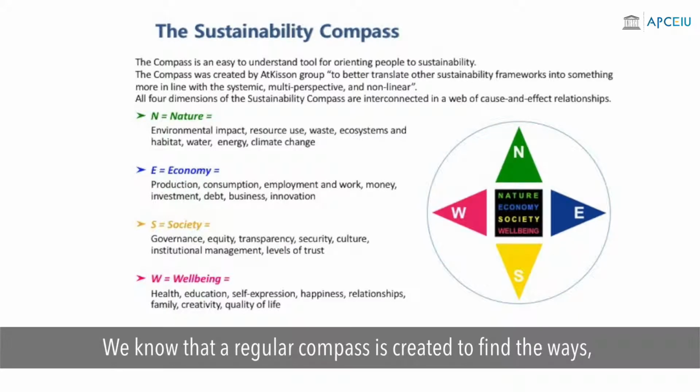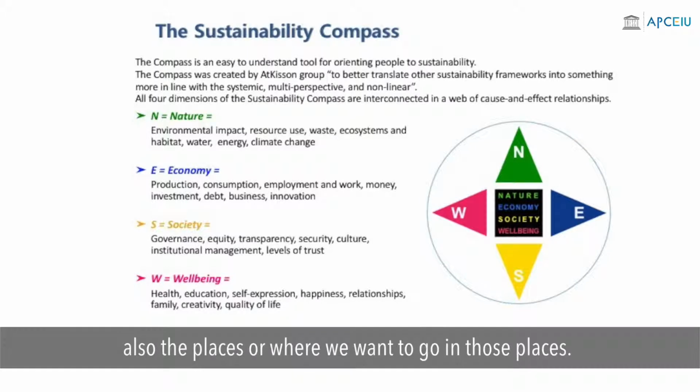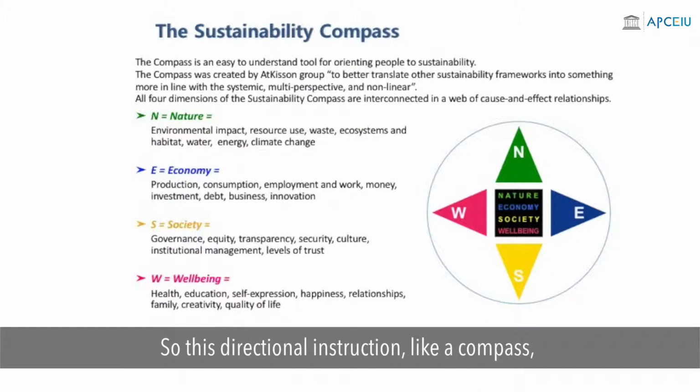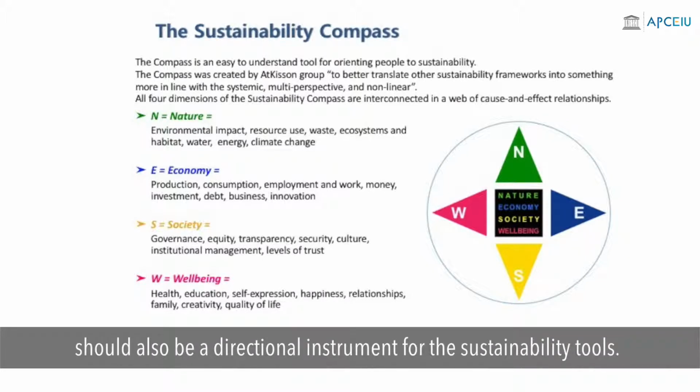We know that a regular compass is created to find the ways, also the places where we want to go. So this directional instrument should also be a directional instrument for sustainability.